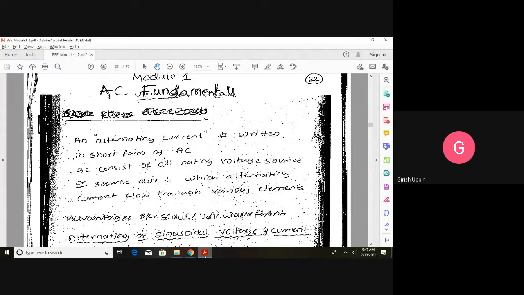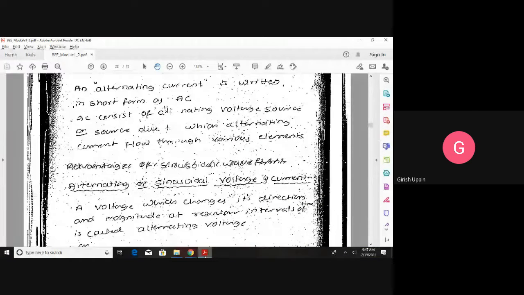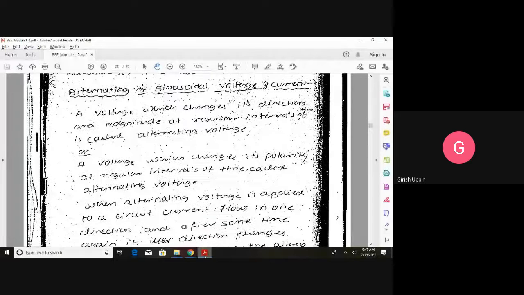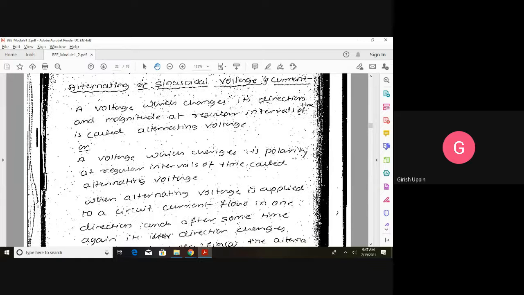What is an alternating quantity, whether voltage or current? One which consistently changes its magnitude and direction. The voltage which changes its direction and magnitude, or magnitude, at a regular interval of time is called an alternating voltage.